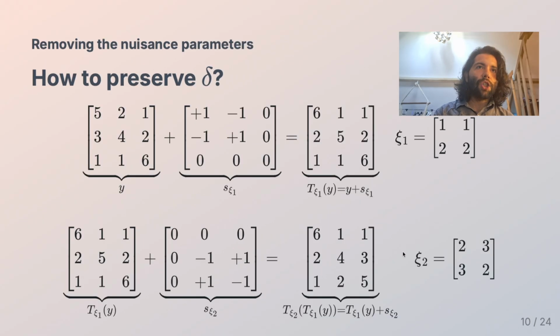Just to put some notation, I will call this matrix of signs here S. I call this transformation of taking a y and summing this matrix S by T, and I will parameterize all these matrices of signs S using what we will be calling here a polyad.